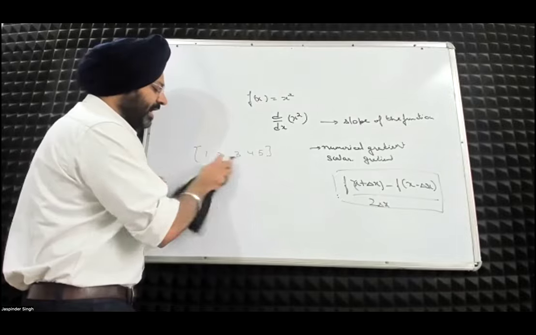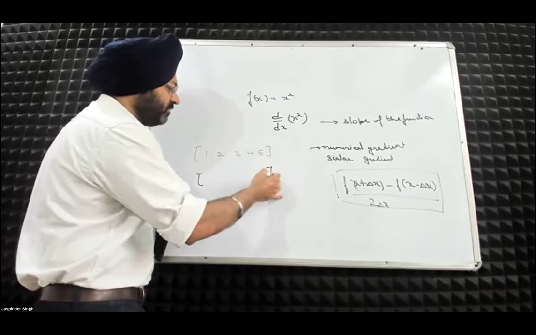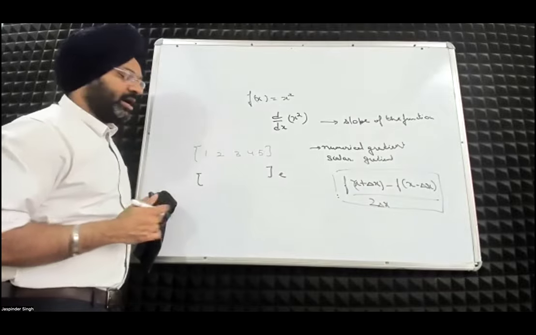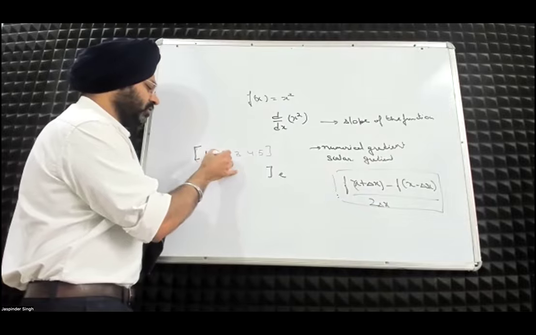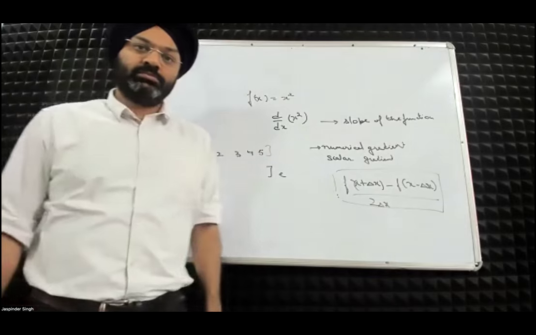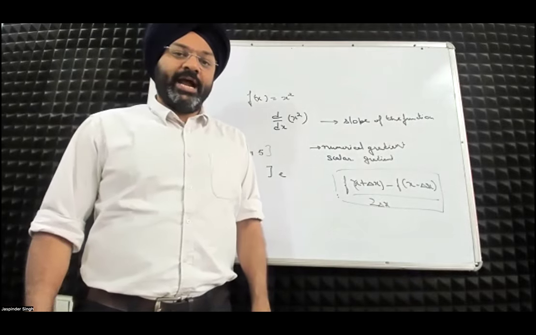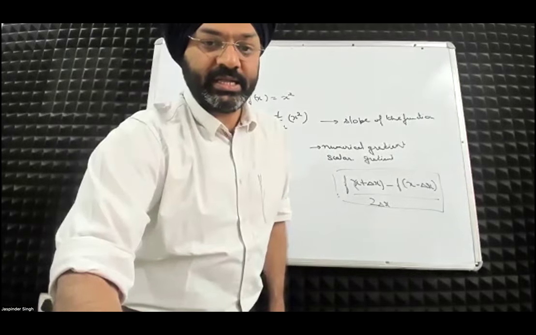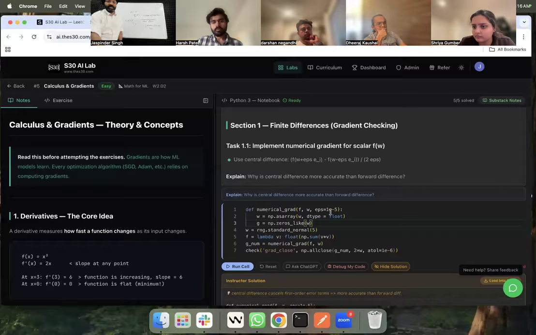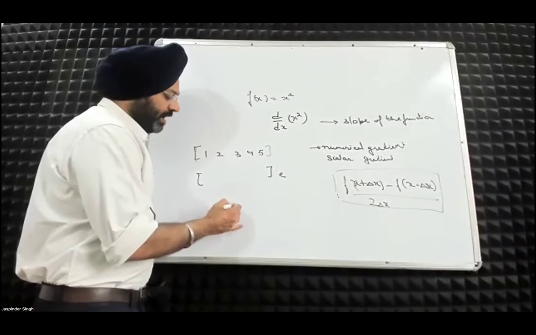For implementing that, we have declared a NumPy array, you can call it a step array. If you see clearly over here, we are declaring that EPS is equal to 1e-5, which is basically the small step, a very small value.